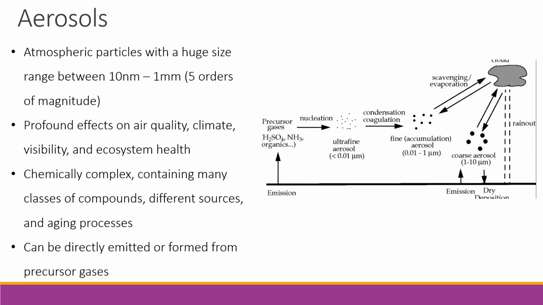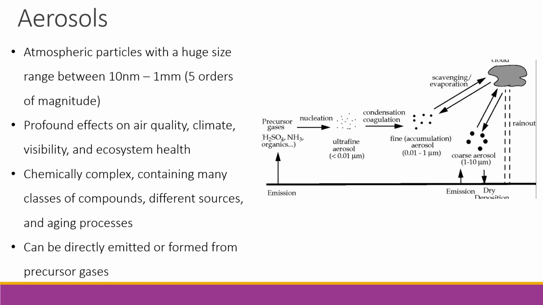They also have an important role in climate and visibility as these aerosols can interact with solar radiation. And of course, they have an important role in ecosystem effects, as these aerosols can deposit down to the earth and cause negative ecosystem problems. These aerosols are very chemically complex. They contain many different classes of compounds, which all have different sources and all have very different chemical aging processes, making them very difficult to constrain.